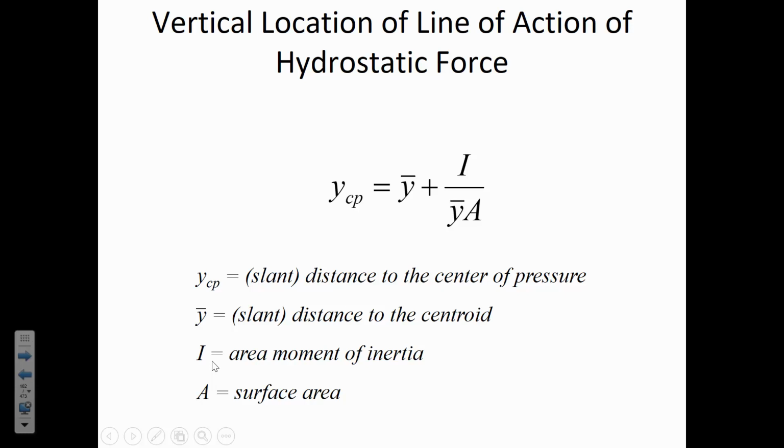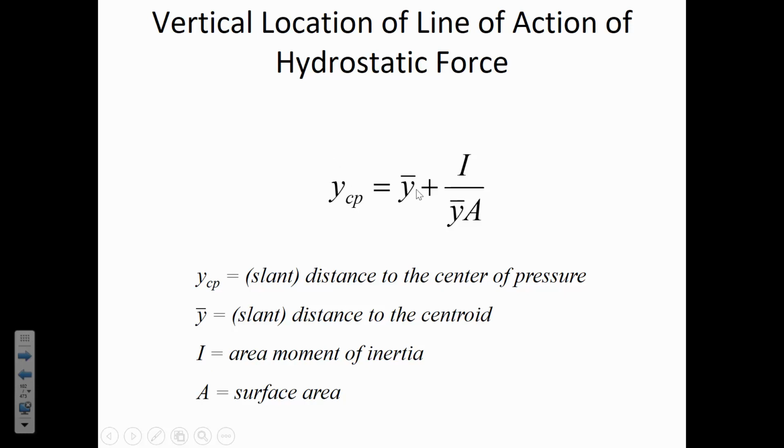Okay, so here's the formula that allows us to calculate YCP. And YCP, again, that's important because that's where the force is located. That's the dimension that allows you to identify the resultant force. If we're integrating that range of pressures, there's a whole lot of pressures acting over a lot of little different areas. If we wanted to break it up into tiny little squares like a mesh, well, the equivalent single force applied at a single location is located at YCP.